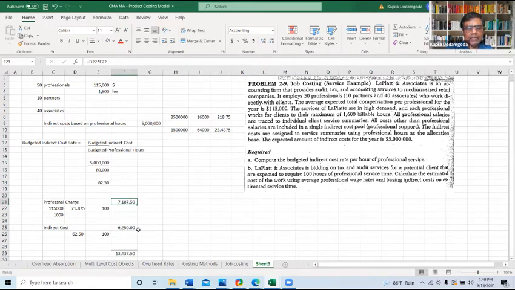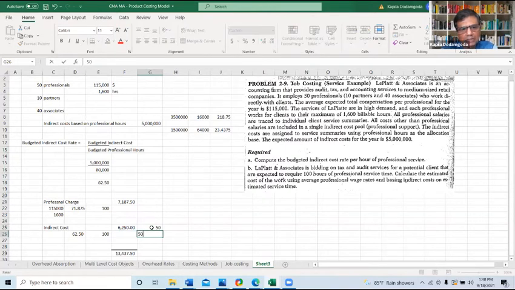And more than that, the overhead component also. Let us say, for simplicity, let us assume 50 hours is for partners and the balance 50 hours for associates. And if you have a differential rate, let us say a different scenario, otherwise you will not see any difference.